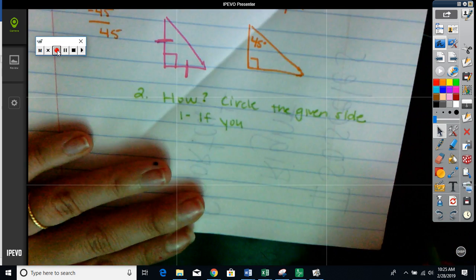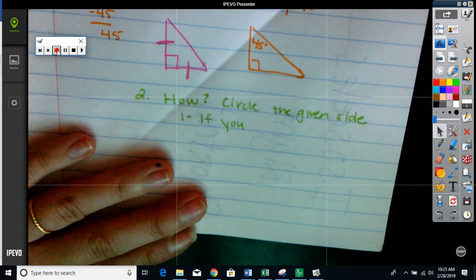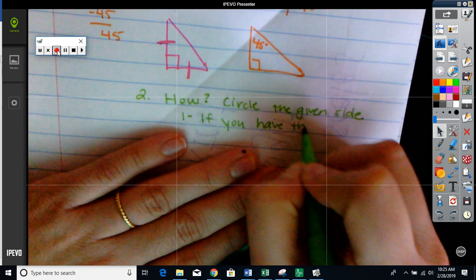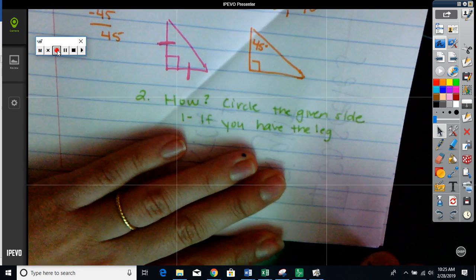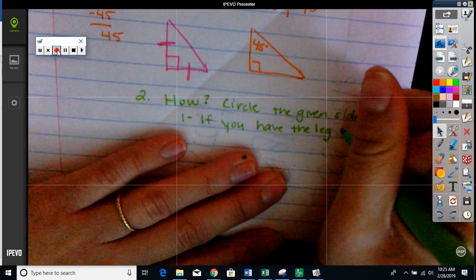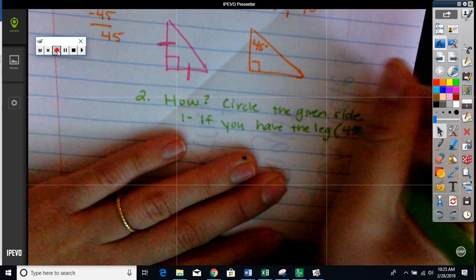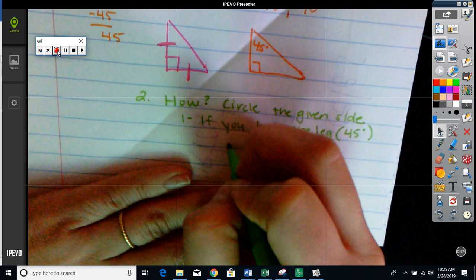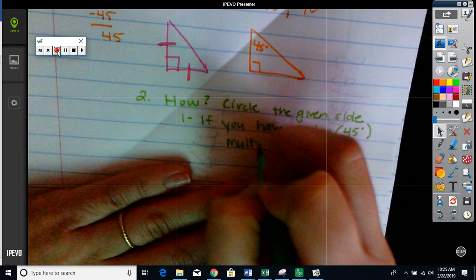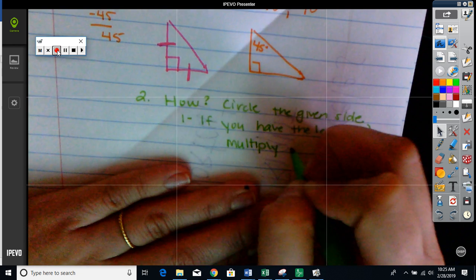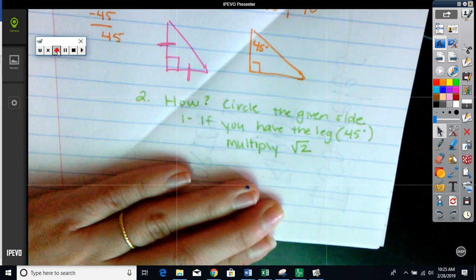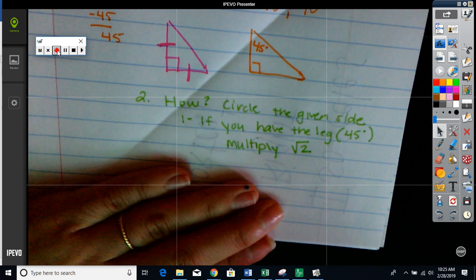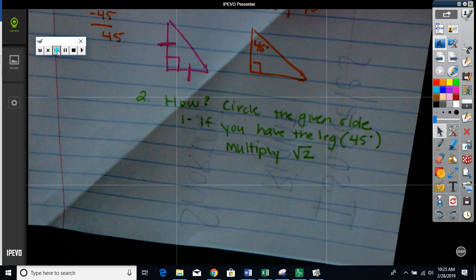They're going to give you a number outside, indicating it's the side length. If you have the leg, when they say a leg, it means across 45 degrees. If you have the leg, all you have to do is multiply by square root of 2. That's all. You just multiply by the square root of 2.